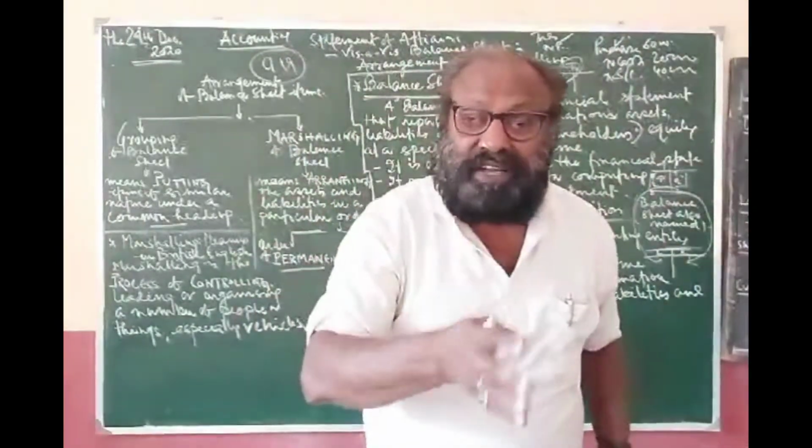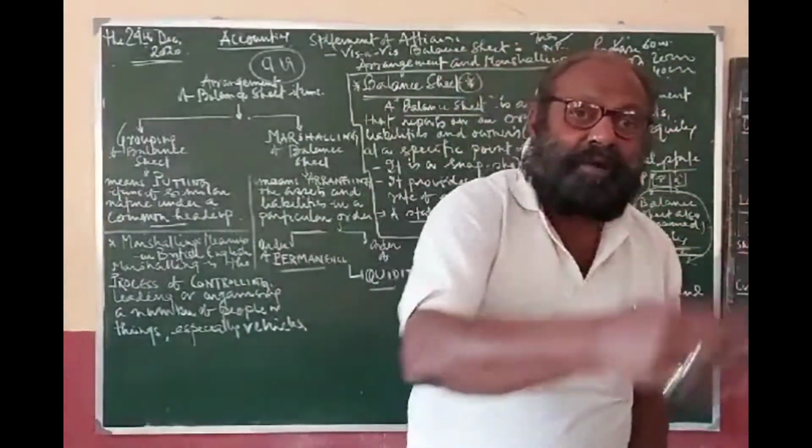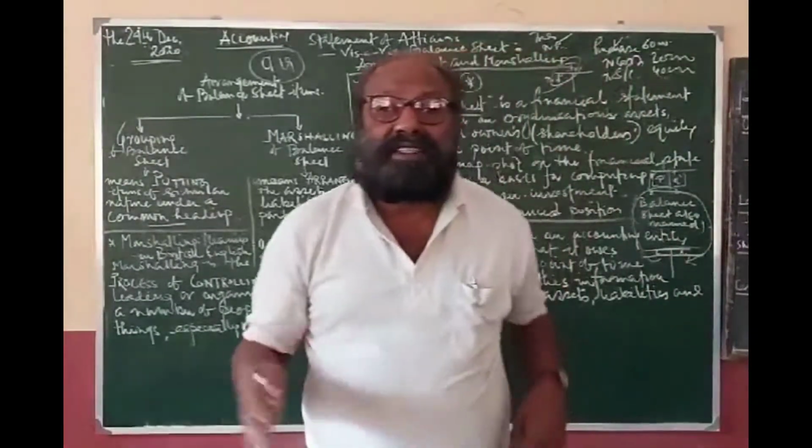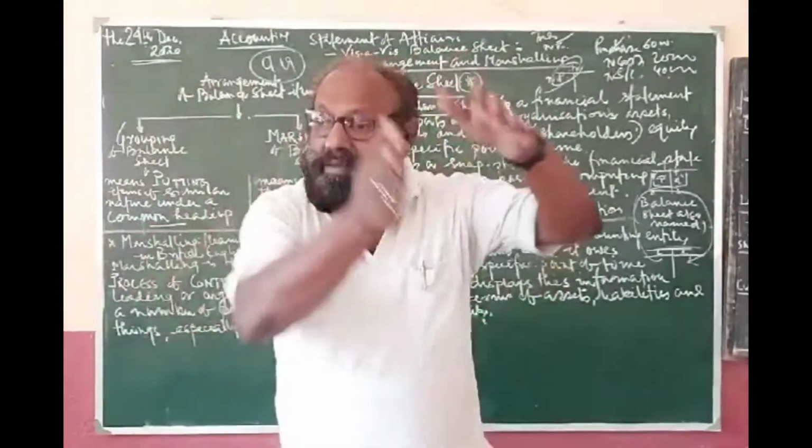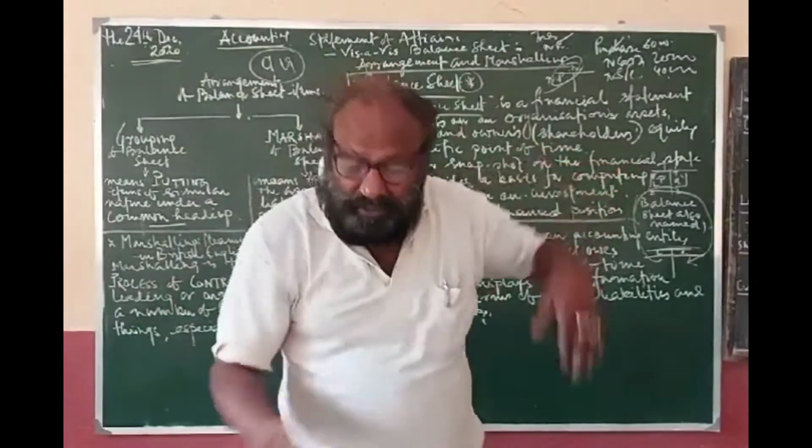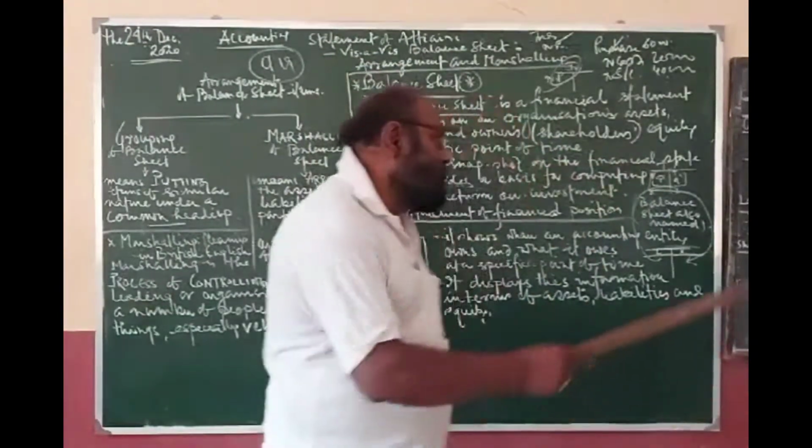And what does it contain? The balance sheet or a statement of affairs, whatever you call it, contains some assets on one side and some liabilities on the other side. Clear? So now I am giving you some ideas.